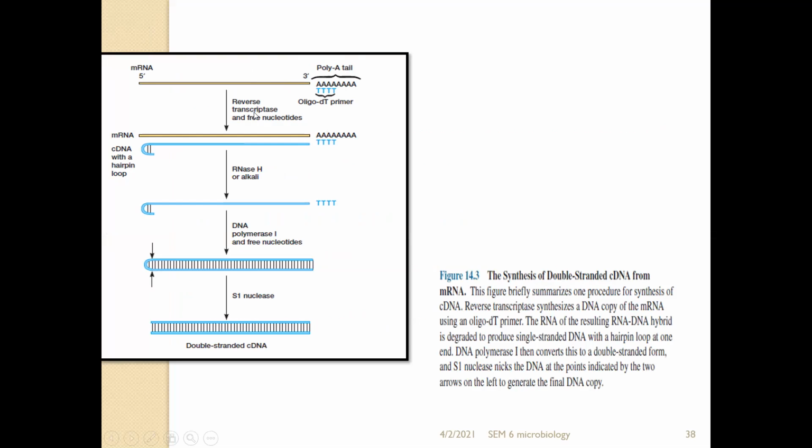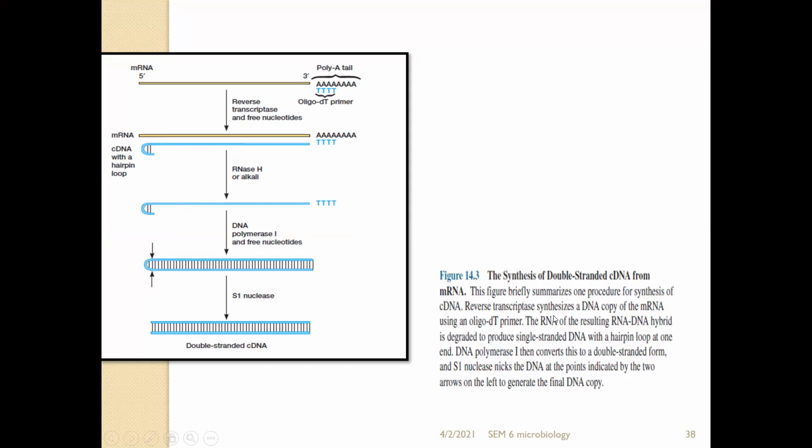By using the reverse transcriptase enzyme and free nucleotides, it synthesizes complementary cDNA and creates a hairpin loop, which will initiate the polymerization. With the help of DNA polymerase I, it will synthesize a complete double-stranded cDNA. This is the brief product produced for the synthesis of cDNA.